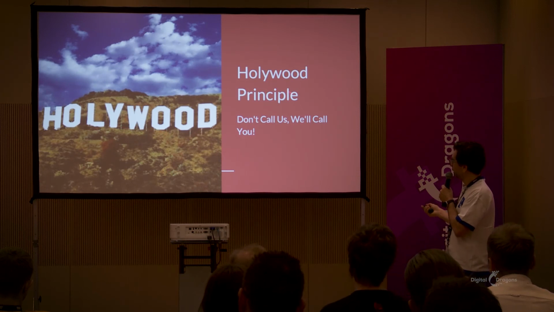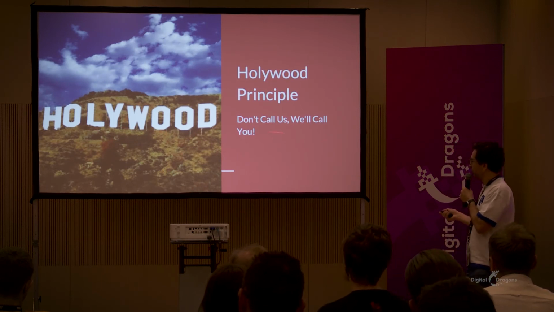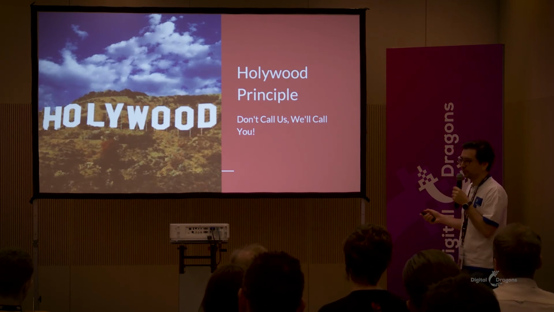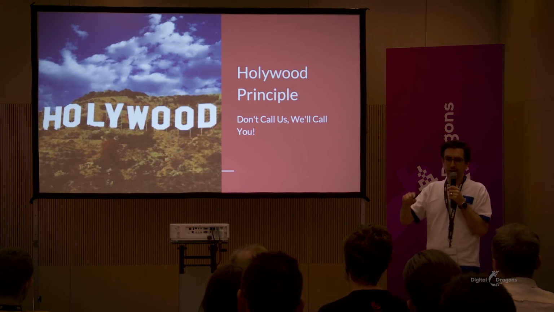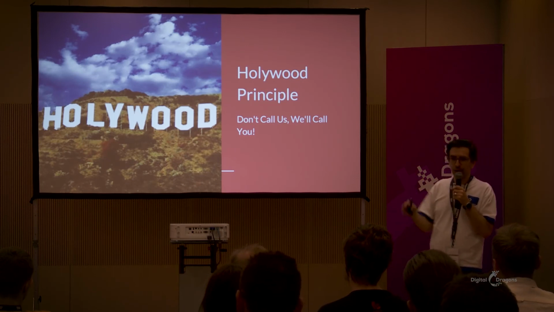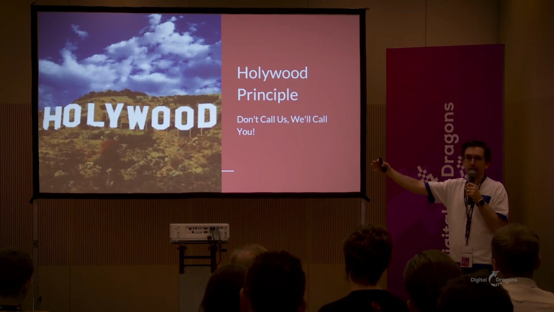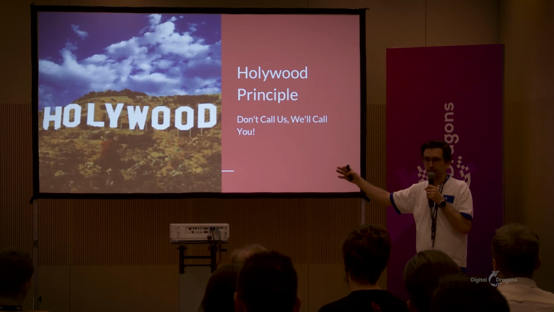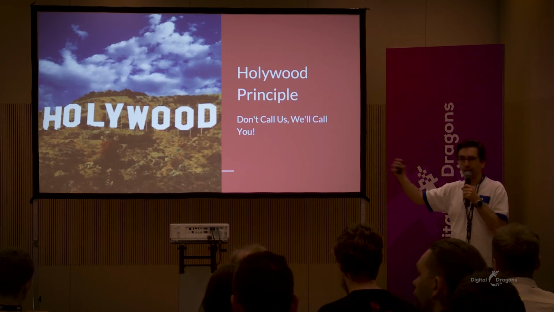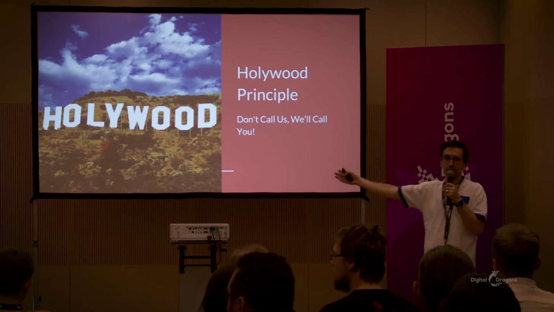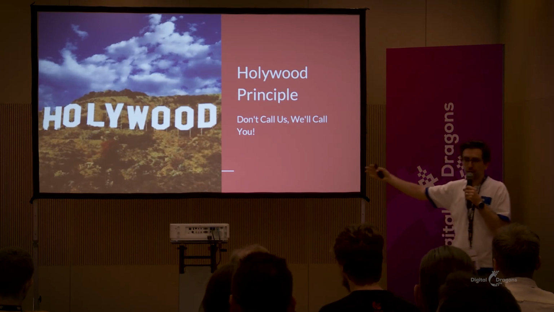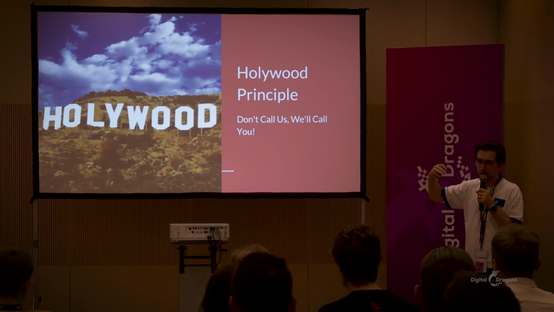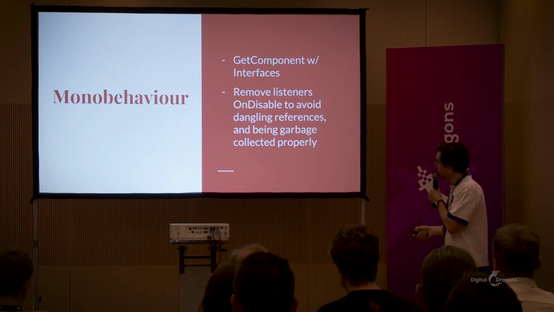This is using the Hollywood principle, which is: don't call us, we will call you. So the classes need to be not aware of what is happening outside. If one class is going to use some system or needs some information from another system, it needs to wait to be notified instead.